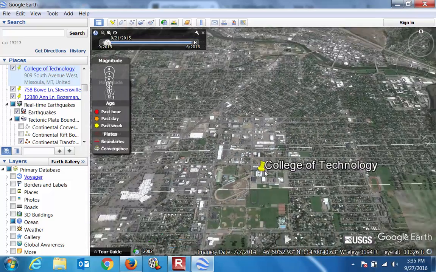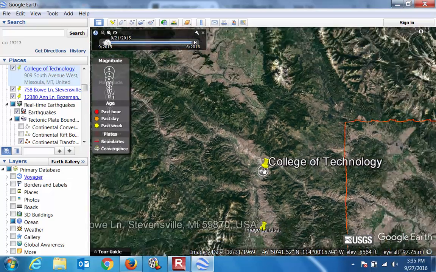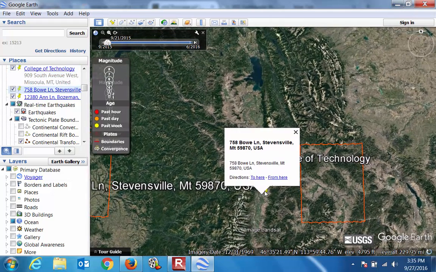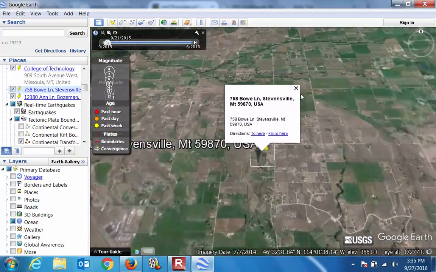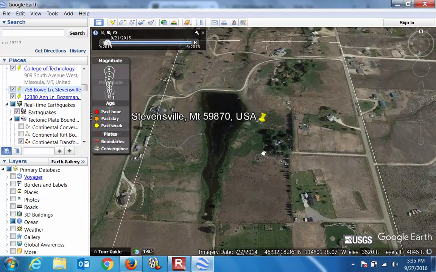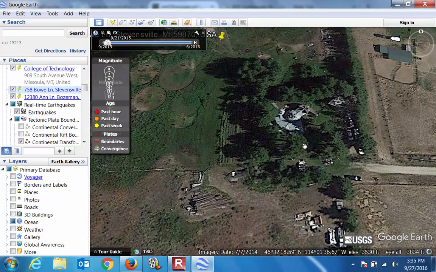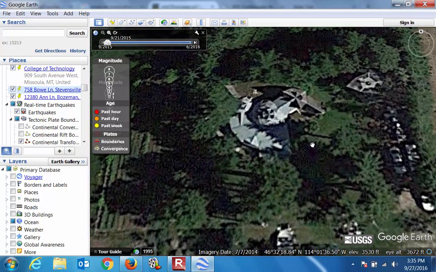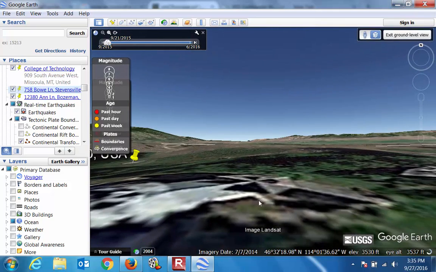Let's take a quick look now at an earth-coupled geodesic complex here. So here we have one of the projects I'm working on. It's an earth-coupled geodesic complex.